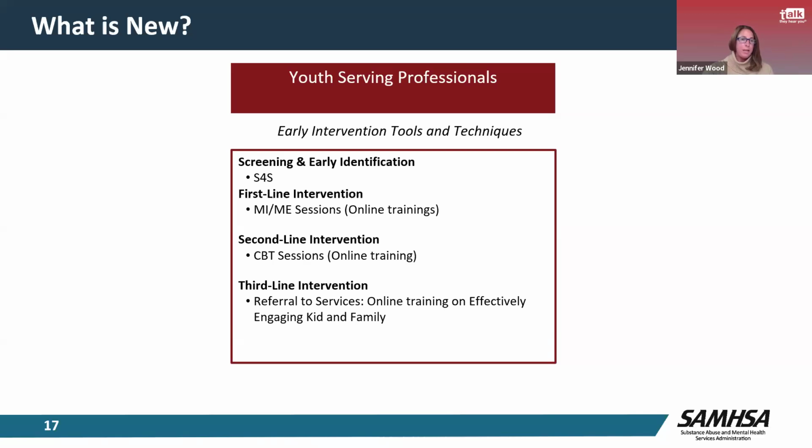So the first step is screening and early identification, and the entry point is Screen for Success. It's a multidimensional screener that's been tested on youth age 12 and up, so that's what we recommend. I think it would be ideal for your prevention services unit, and if you want to tell other folks about it, that's fine.